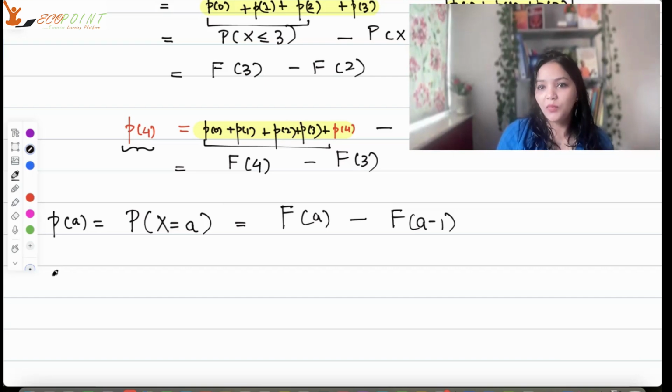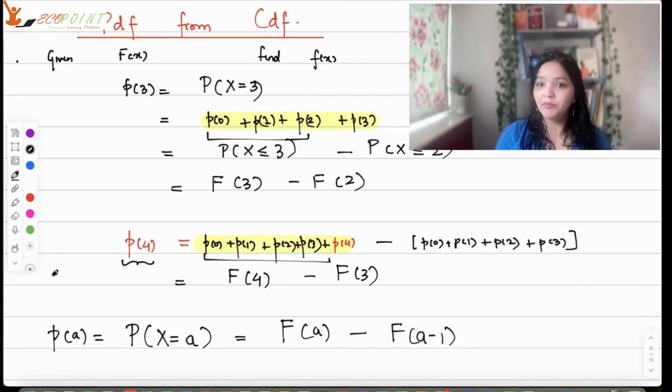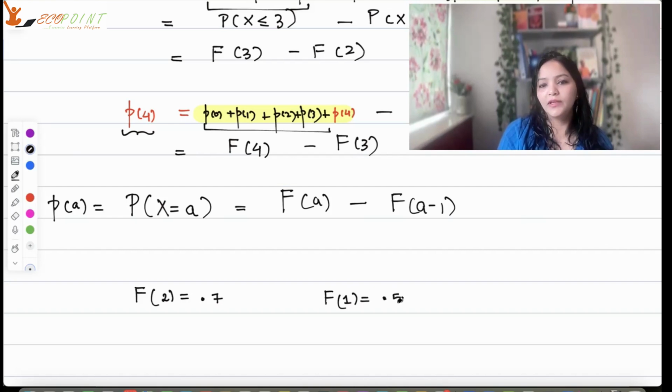This is an extremely important concept for you to remember, because many times it happens that you are given certain values. For example, suppose in a question you are given capital F2 is 0.7, capital F1 is 0.5, capital F0 is 0.2. Now, suppose x is only taking values 0, 1, 2, 3, 4, and so on.